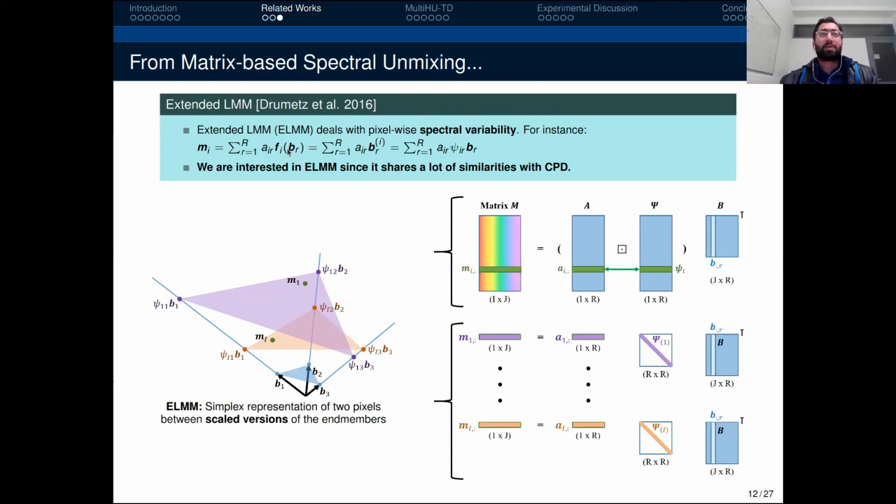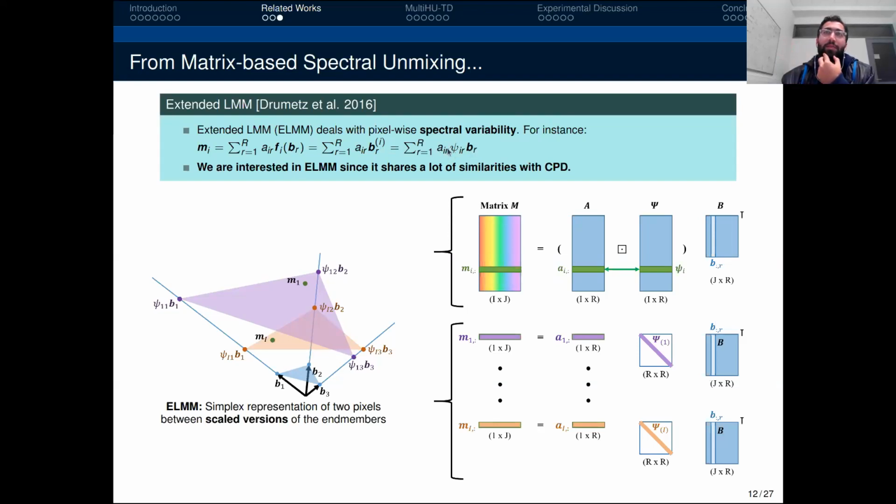Sometimes we suppose that F_i could be nonlinear. There are many publications on that, like Hapke's formula and other atmospheric models. Sometimes it's a nonlinear representation of the endmembers. But to be able to draw the analogy between the extended linear mixing model and the CPD, we suppose in this case that F_i is a scaling degree of freedom on B. So we suppose it's A_ir times B_ri, where B_ri is a scaled version of the endmember B_r for each pixel.